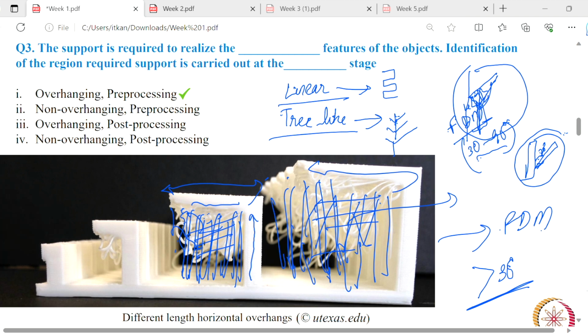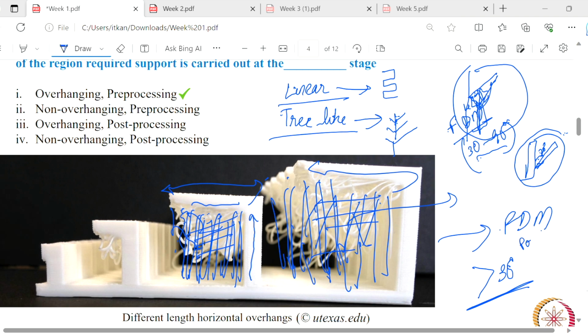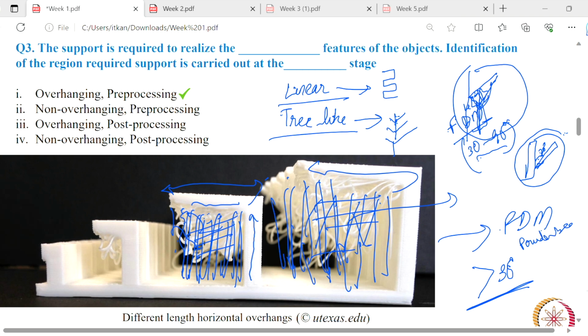So now in powder bed, if the angle is above 45 degrees then we need support, but in FDM we need it at 30 degrees itself. Powder bed it is at 45 degrees. In powder bed, more than 45 degrees we need support.